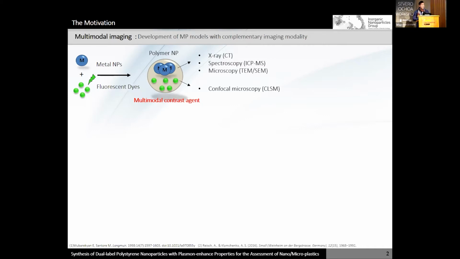The metal also has good electron scattering for microscopy, and the fluorescent dyes work with confocal. Combining this, we can reliably monitor microplastics in tissues, organs, and cells for biodistribution, accumulation, and fate and excretion pathways.